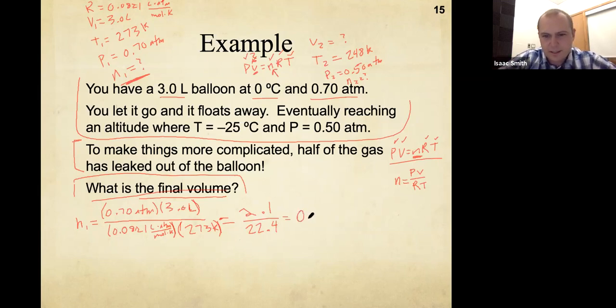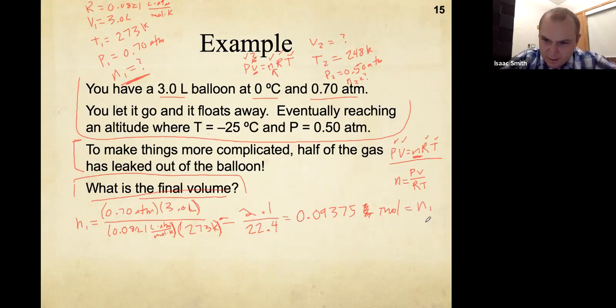So I get 0.0937 liters. Okay, sorry, not liters. This is moles. Okay, so this equals N1.